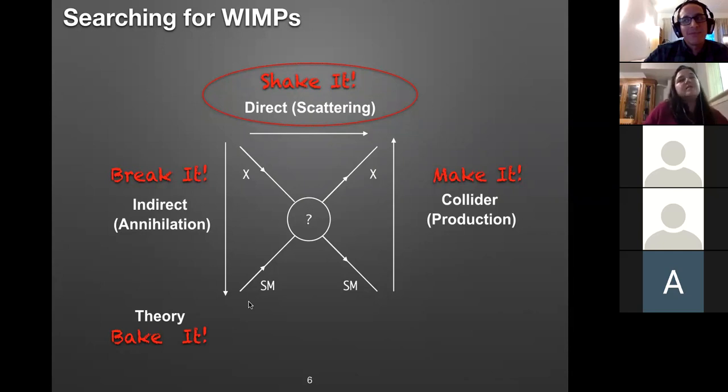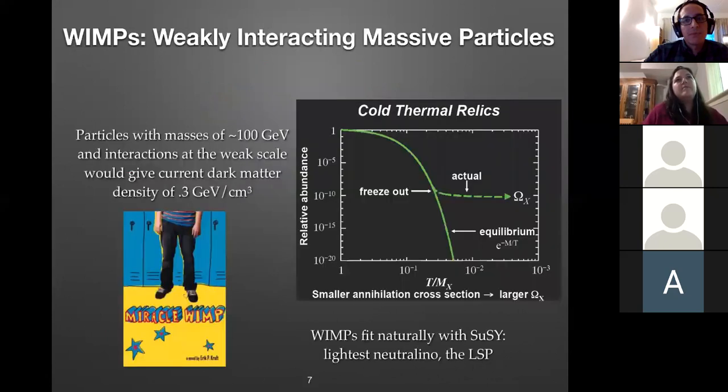So I've used this word WIMP a few times for weakly interacting massive particle, but what actually is it? The idea arrived as people realized that particles with masses of about 100 GeV, so 100 times the mass of the proton, are very central on the weak energy scale.